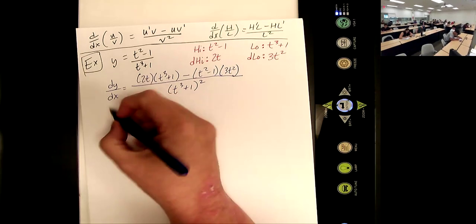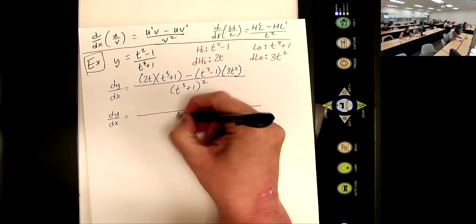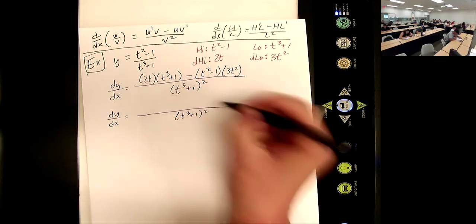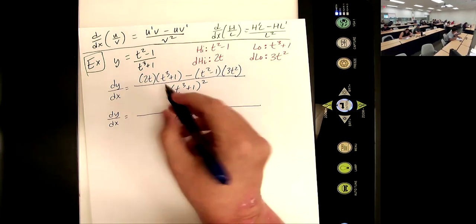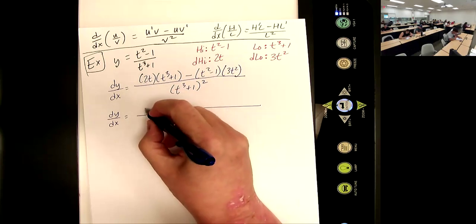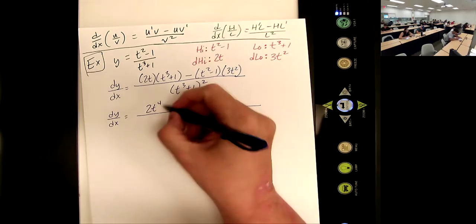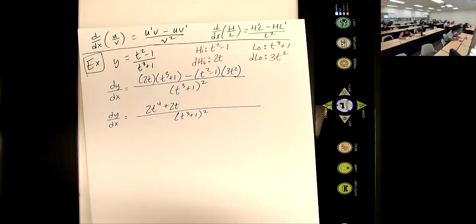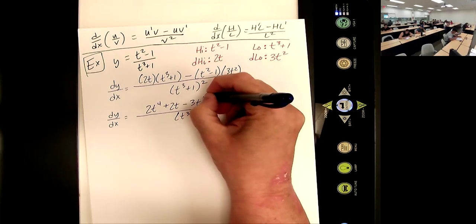So let's do that. We will distribute on the top. The bottom is best to leave in factored form like that, because if it's gonna cancel, it's gonna cancel that way. Distribute, I've got 2t times t cubed is 2t to the 4th. And then 2t times 1 is 2t. And then I have minus t squared times 3t squared is minus 3t to the 4th.